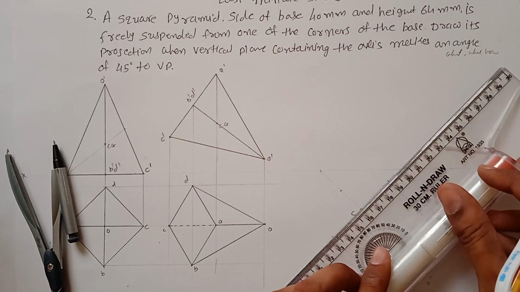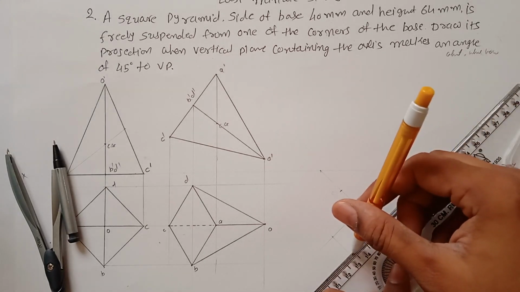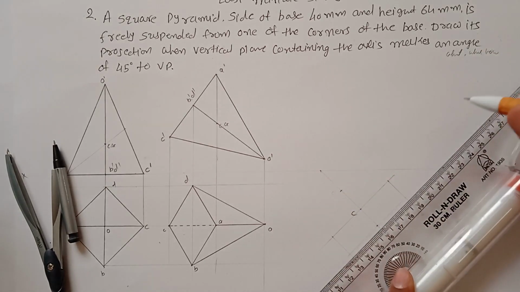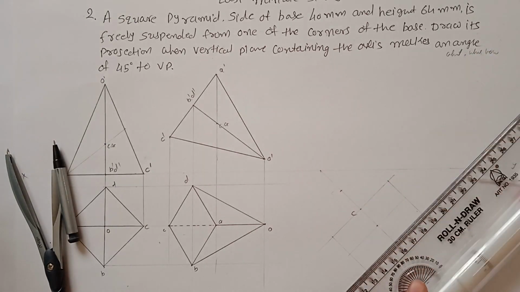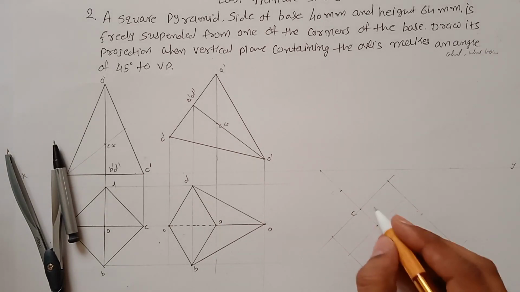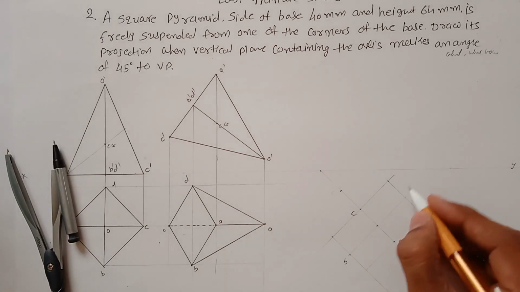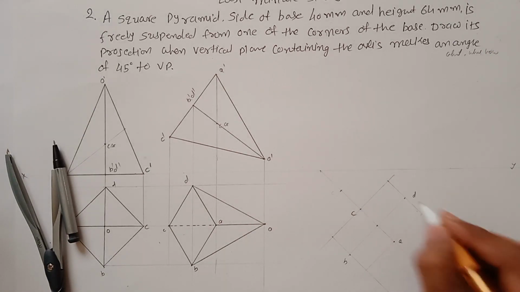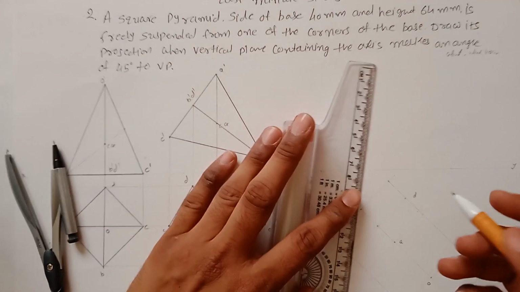Draw the lines passing from those points. Now find out the intersecting points. So this point is C, this is my B point, A point, and this is D, and we have already got O point. So now join all of them.